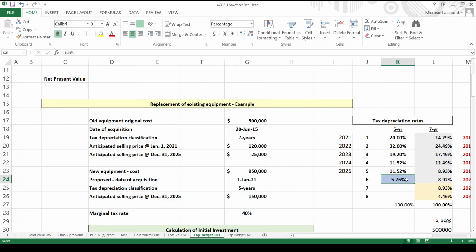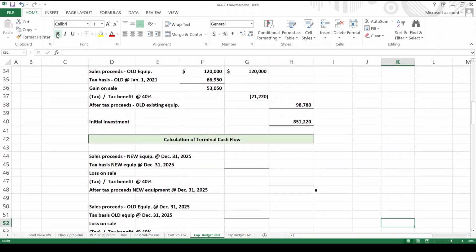So that's going to be the undepreciated cost, that 576. Again, these add up to what? They add up to 100%. So that number represents the undepreciated cost of the new machine at the end of 2025. All right? So there's my new machine cost. That's how much is going to be left. All right, let's look at the calculation now.